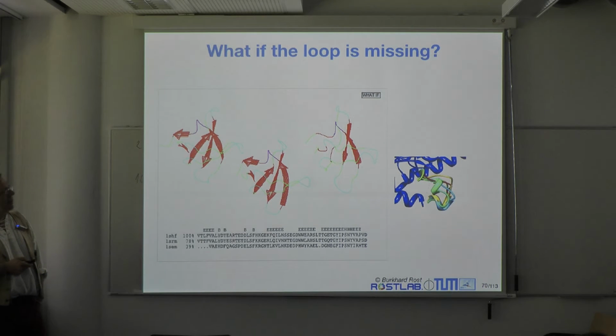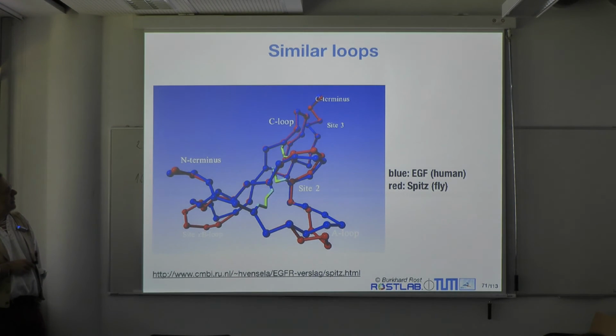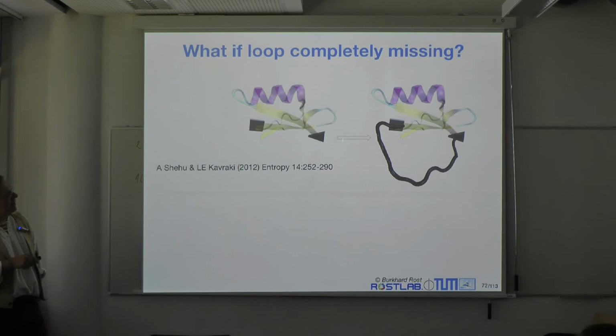What if the loop were missing here? Can we model a loop? In this particular case, we have two similar loops between two proteins, one in fly and one in human. So we have a slightly different loop. But what if the loop really is completely missing? Can we do that?